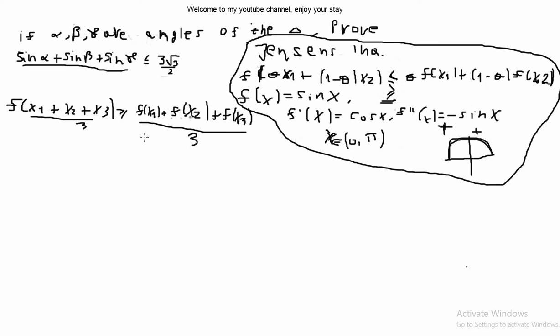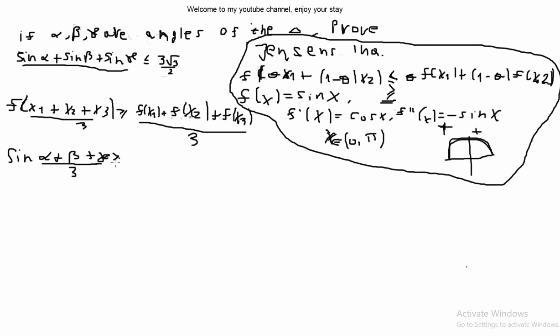So what's going on right now? What is the function actually? The function is f of x equals sine of x, so we replace it with sine of x, with the same input. On this side we get sine of alpha plus beta plus gamma over 3. I'm just using different variables, it doesn't matter which variables you use.